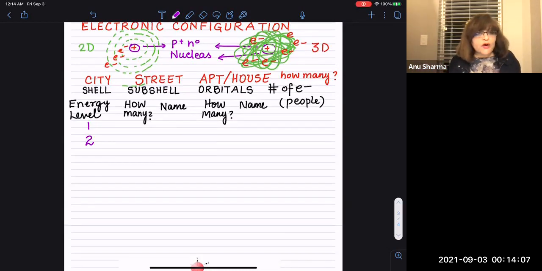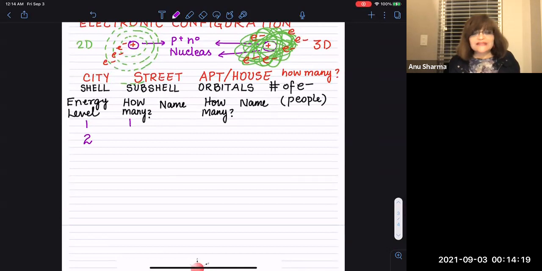So energy level 1, that is shell number 1. How many subshells? Only one subshell. What is the name of that? It is 1s. How many orbitals are there in that? Only 1. The name is 1s. How many electrons can be accommodated? 2.